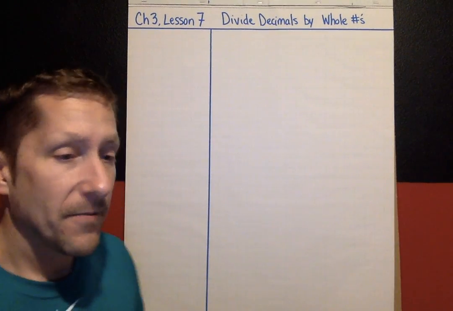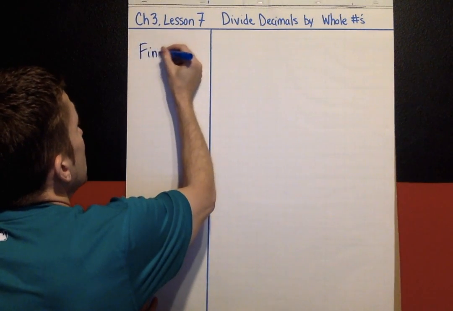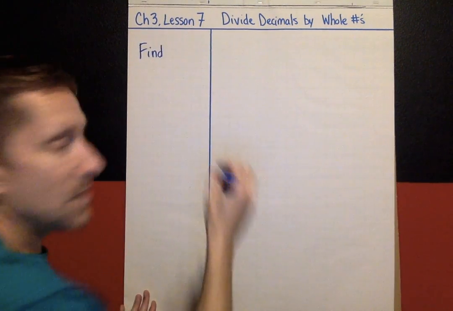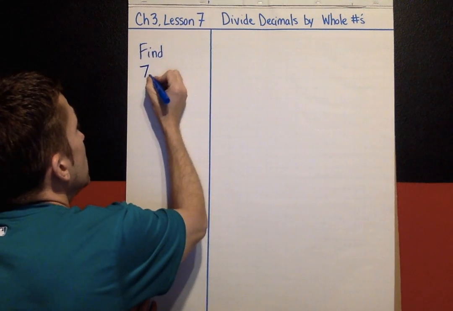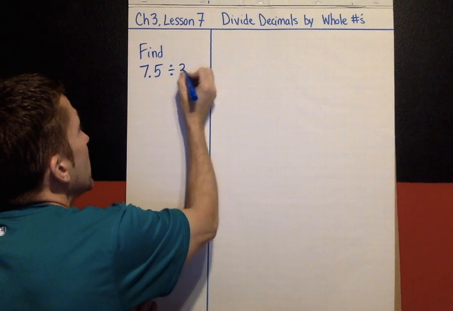The first problem we're going to solve is this. Find 7.5 divided by 3.